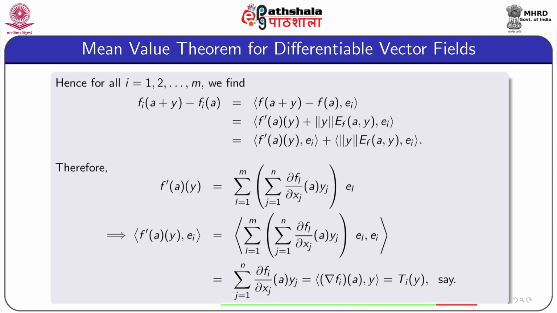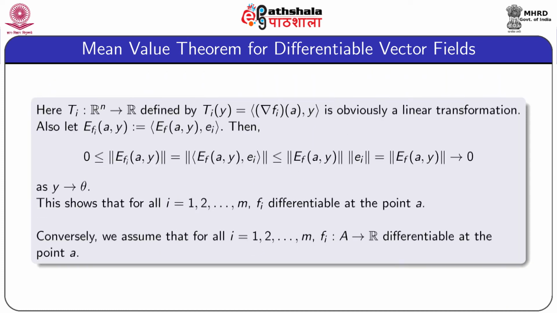So, this equals the inner product of grad Fi at a and y. So, it is Ti(y). Here Ti from R^n to R is defined by Ti(y) equal to the inner product of grad Fi at a with y, and obviously Ti is a linear transformation.